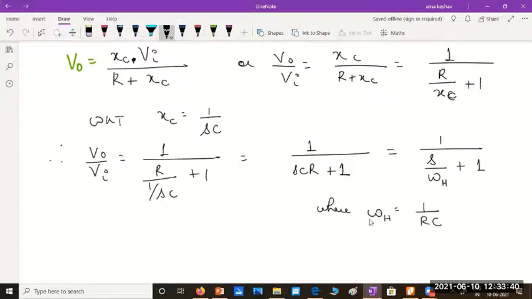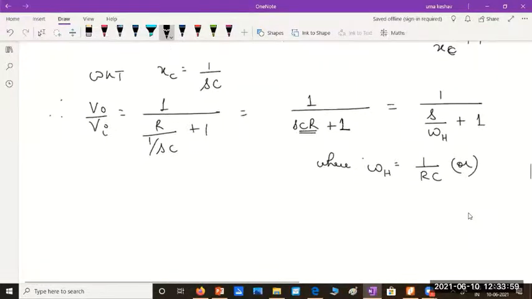If I write a cutoff frequency, this is an angular frequency omega_H. If I name it as 1 by RC, this RC can be replaced with 1 by omega_H. Yes or no?